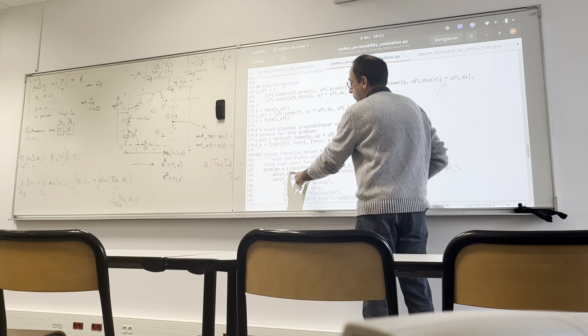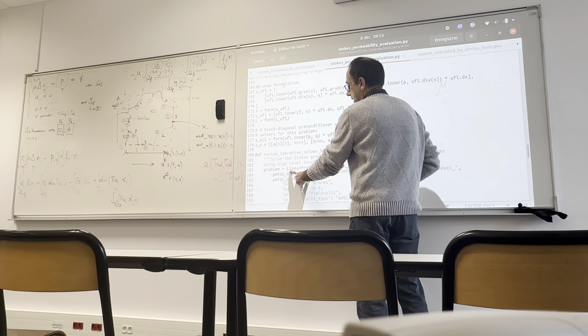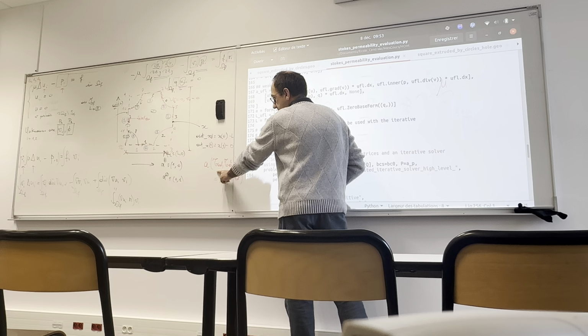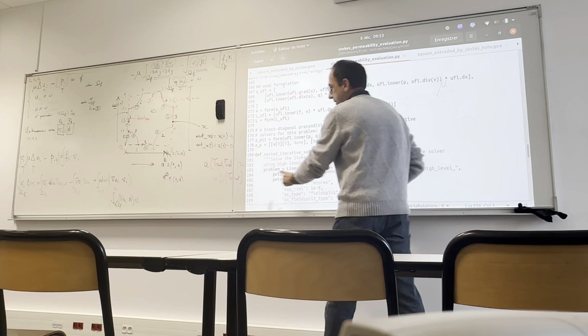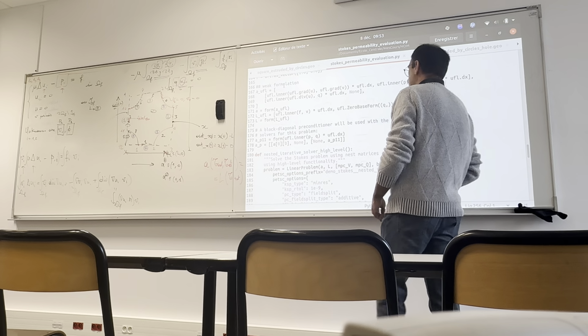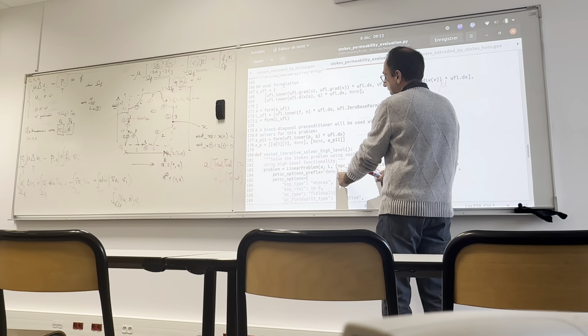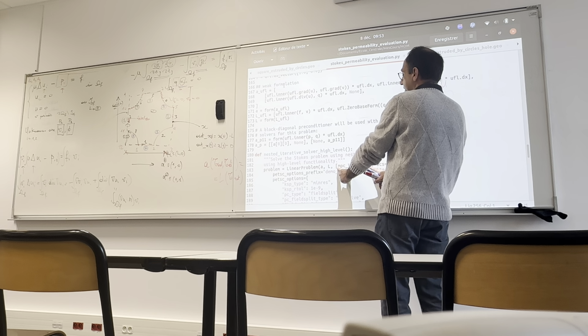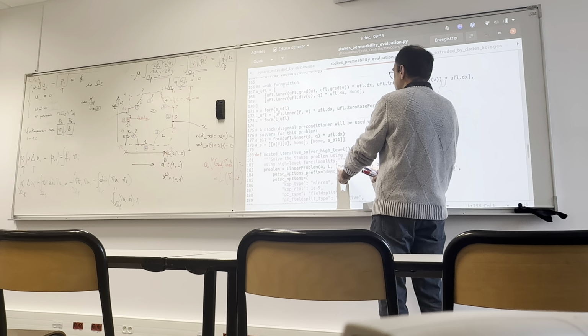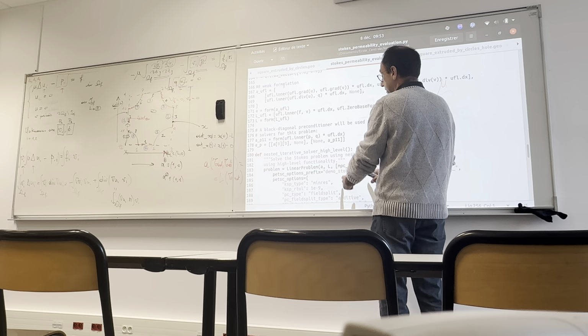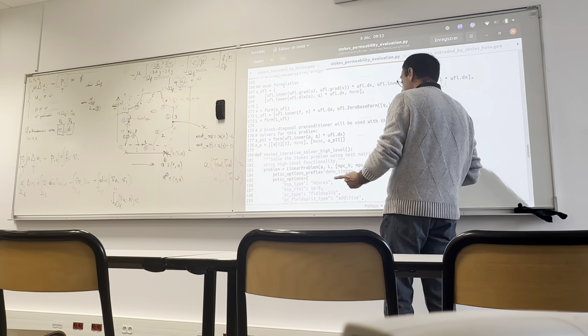So you need to give to this function the a, the bilinear form, the L linear form, and the constraint space where you are looking for the solution.